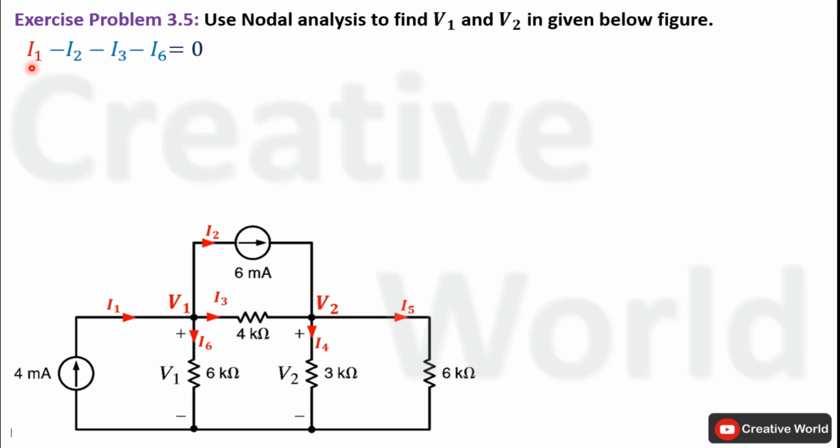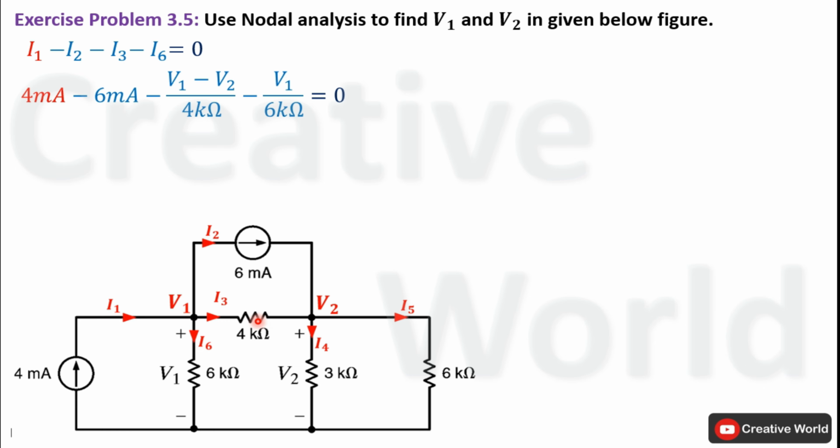Now we have to replace these currents with their respective equations. Current I1 is equal to 4 milliampere. Similarly, current I2 is equal to 6 milliampere. While current I3 will be equal to (V1 minus V2) divided by 4 kilo ohm. Because the direction of current I3 is from V1 to V2, V1 will be considered as higher voltage than V2.